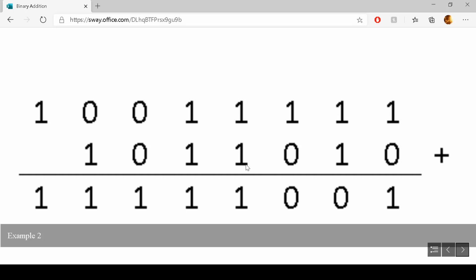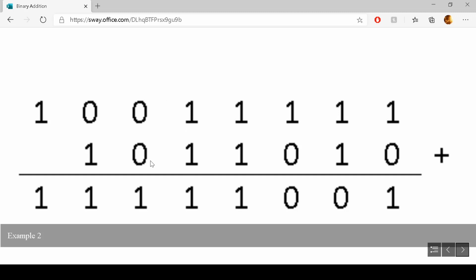This column we have 1 carried plus 1 plus 1, so the result is 1, carry 1. In this column, we have 1 plus 1 plus 1, so the result is 1 carry 1.